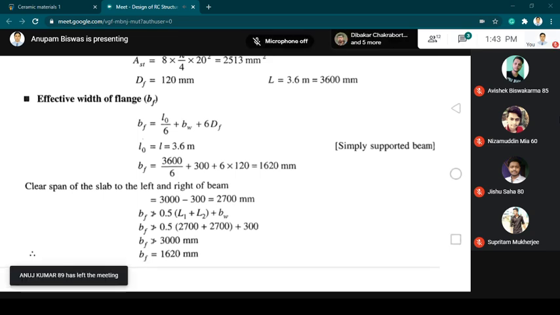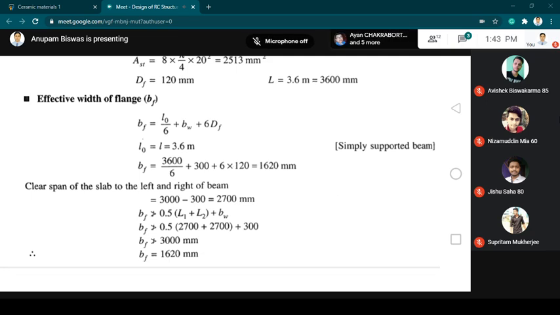This value should not be more than half of L1 plus L2 plus the width of the beam. Here L1 and L2 are the clear spans between two beams.